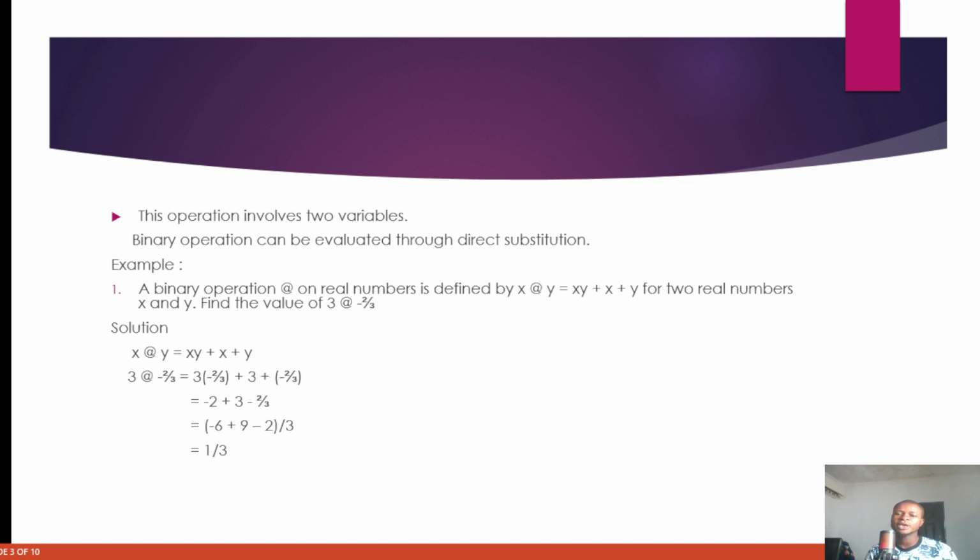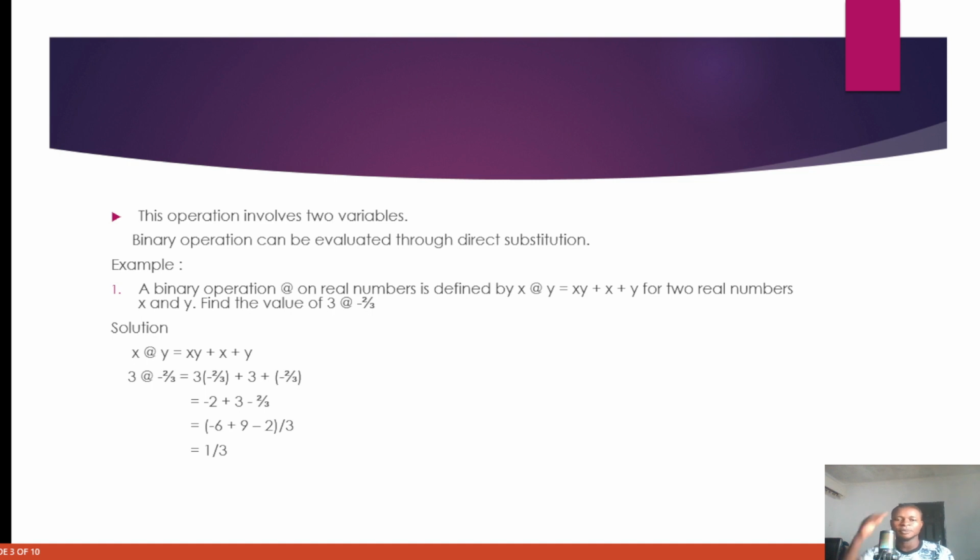So how do we operate as far as binary operation is concerned? We have to find the value of 3 @ (-2/3). You can see the positioning of the two real numbers: one goes for x and the other goes for y. So what we need to do is just make a direct substitution to get our value.